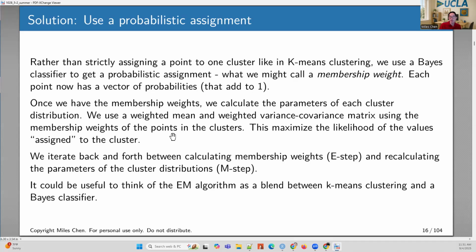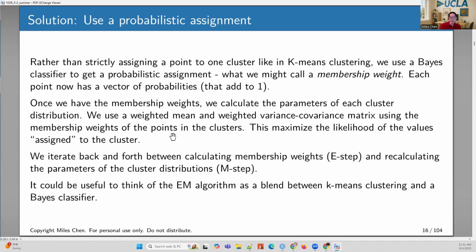Once you have those membership weights, we're going to calculate the parameters of each cluster. We're going to calculate the mean of each of these clusters and the covariance matrix. We do this by using a weighted mean and weighted variance-covariance matrix, using those membership weights.